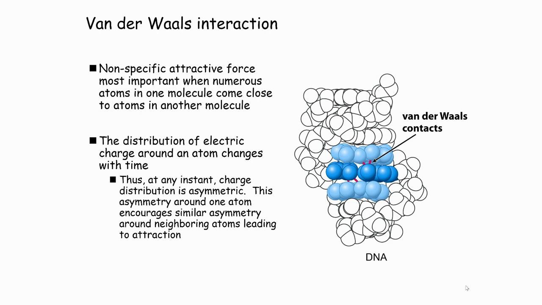So van der Waals interactions are the idea that when you have electrons in a molecule, those electrons are not in a fixed position. So I'm going to draw a picture of, let's say, something like methane gas, CH4.